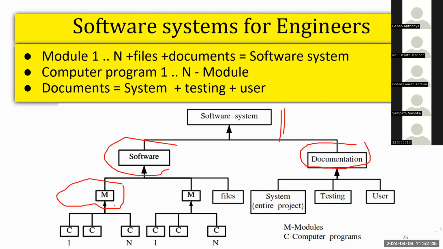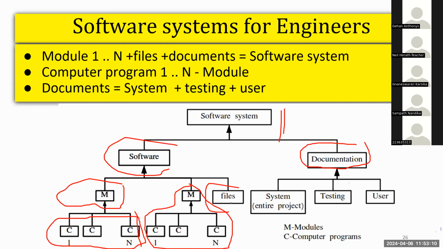Inside the modules there may be a set of computer programs for that particular module. The module means actually the requirement. So for this requirement, you need 1 to n computer programs in order to succeed. And there are some files. When all of these are satisfied, then you can build the software.